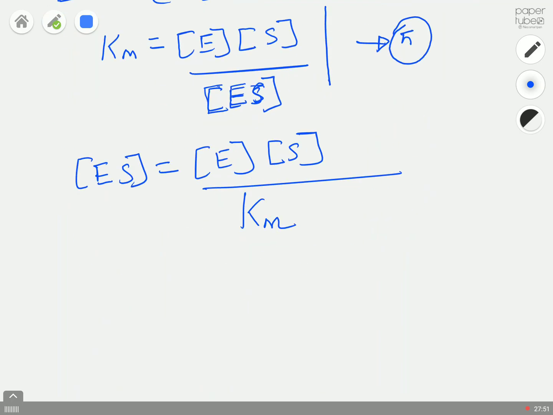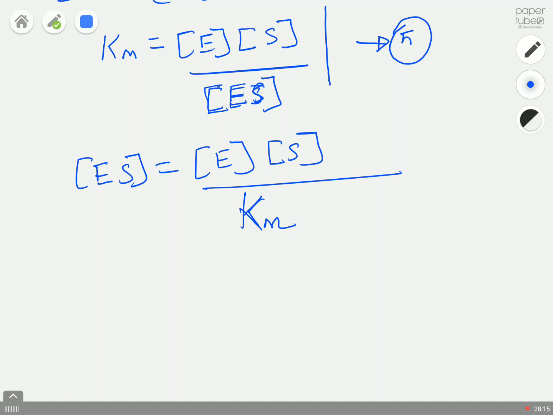I'm not using any book at the moment, I'm just deriving it by myself. I read this in some book, but I tried to solve it one time. So the enzyme substrate complex is the concentration of enzyme multiplied by concentration of substrate divided by Km.